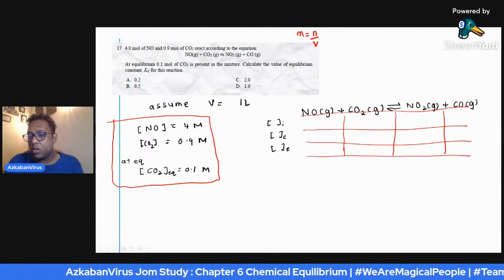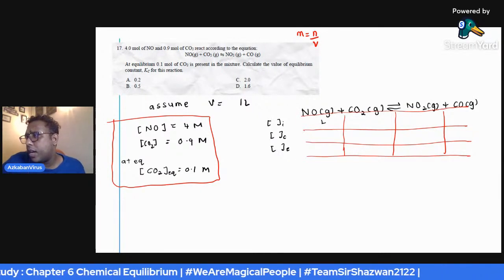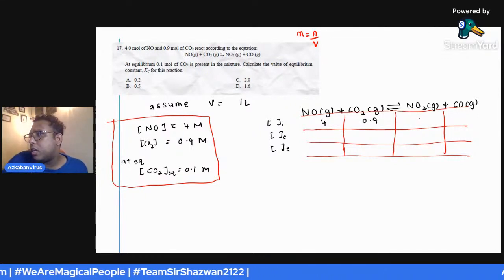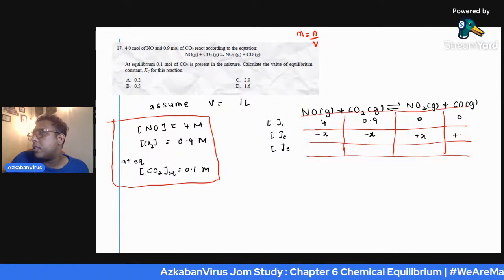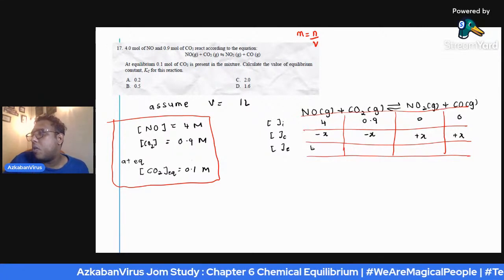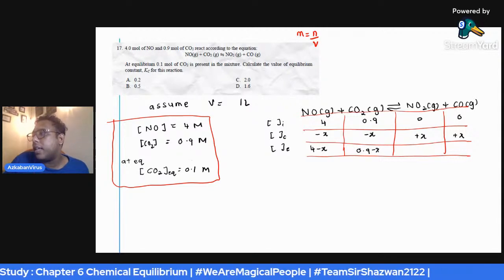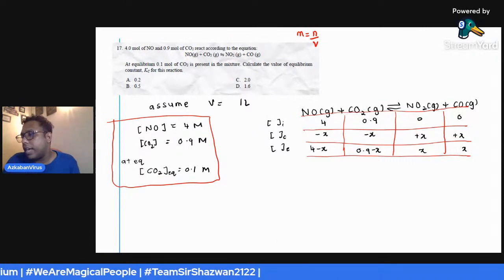So, initial dia adalah 4 molar. Initial dia 0.9 molar. 0, 0, reduced by X, plus X, 4 minus X, 0.9 minus X, X.